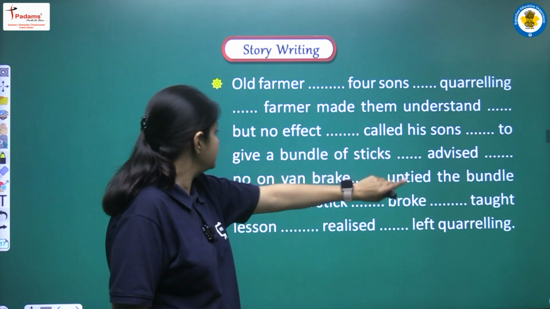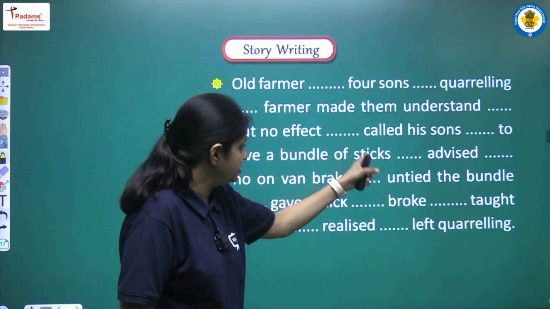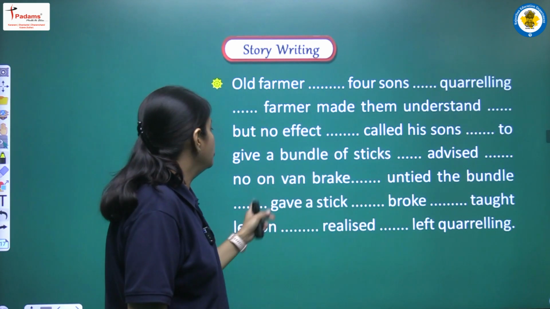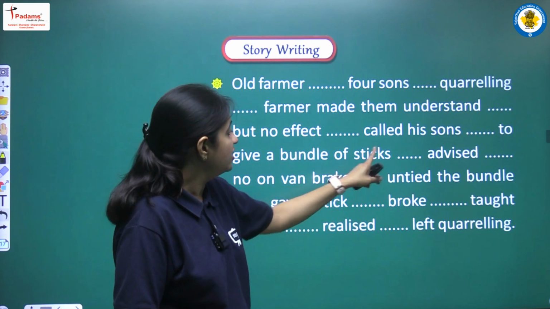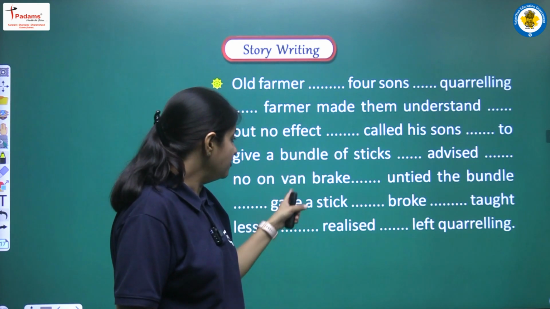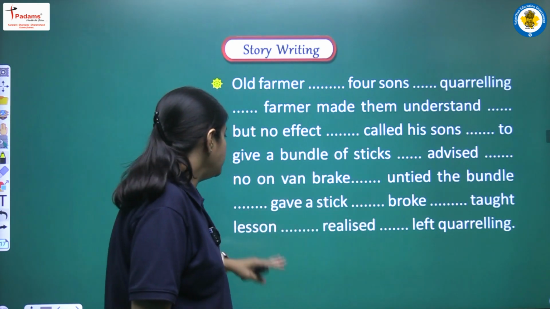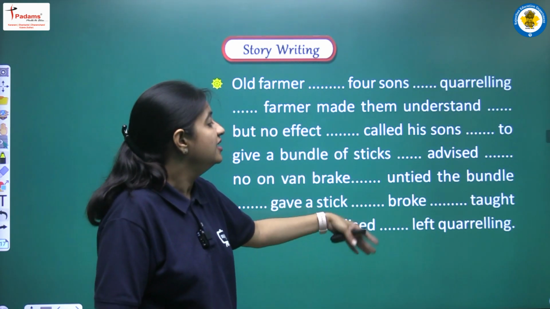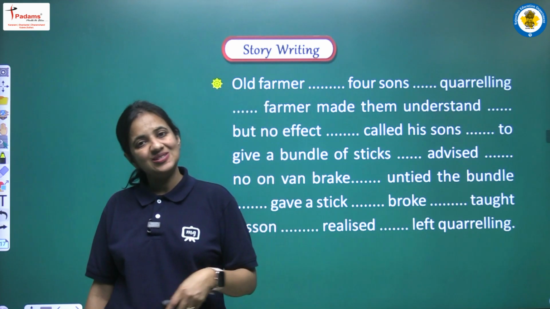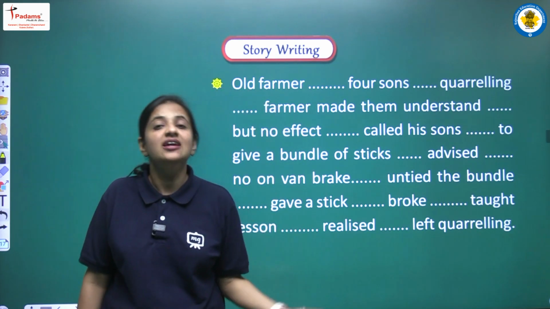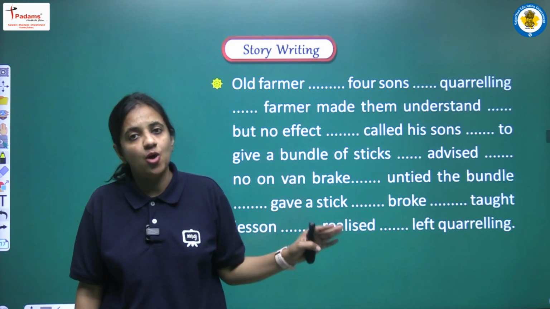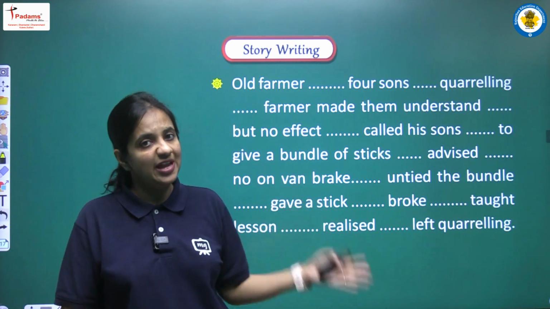Called his sons, gave a bundle of sticks, advised, no one could break it in vain, untied the bundle, gave a stick each, broke, taught lesson, realized, left quarreling. Okay, so these are the outlines that we have. After reading the outlines, now we can imagine the story, we can frame the story.